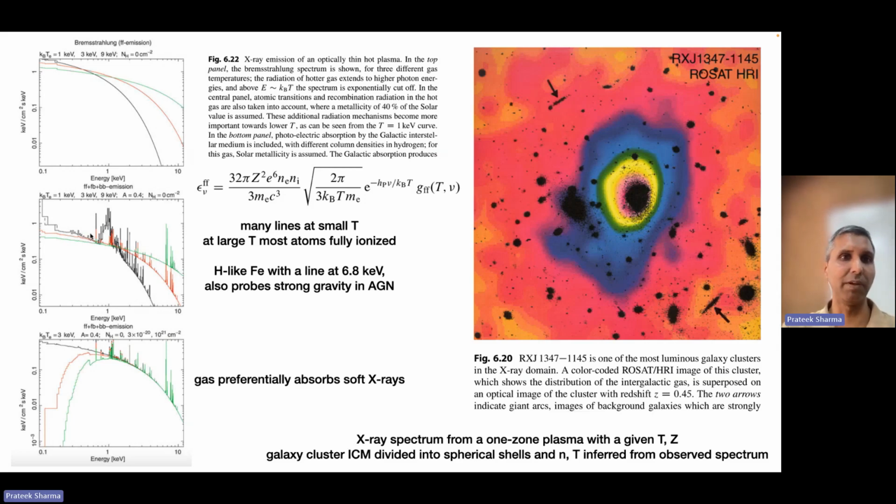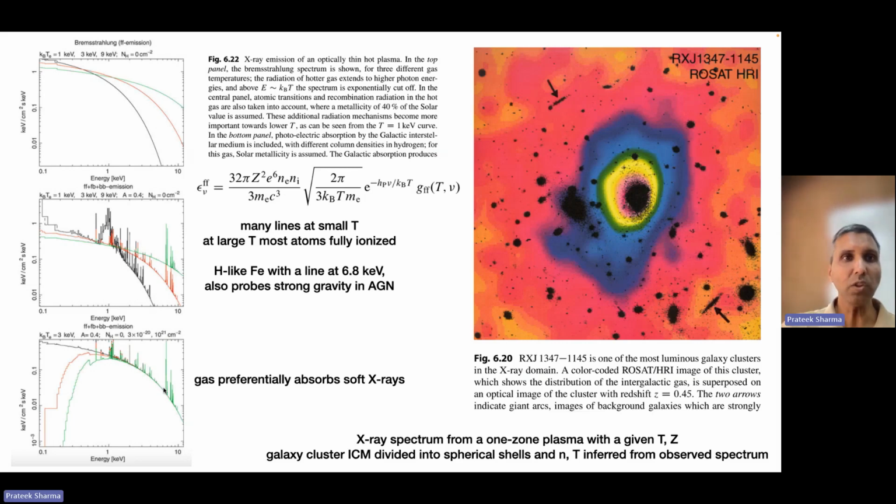So here, for example, are 3 model spectra. These model spectra on the left are generated by a plasma model. A plasma model is actually extremely simple. The other nice thing about X-rays is that it's mostly optically thin. That is, whatever photon is emitted, it freely escapes. So it carries information about the mechanism that produces this light.